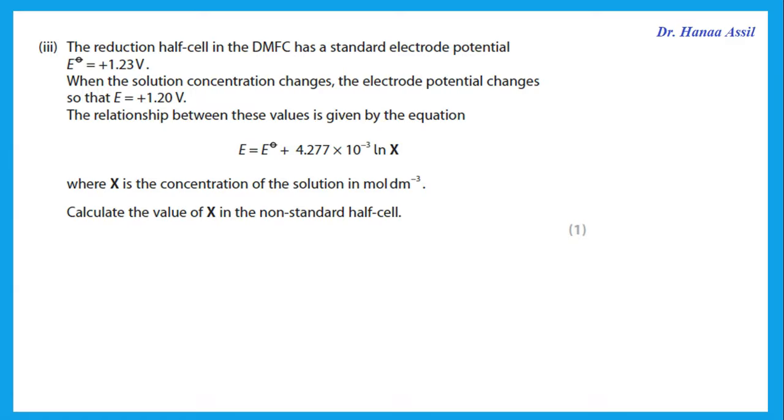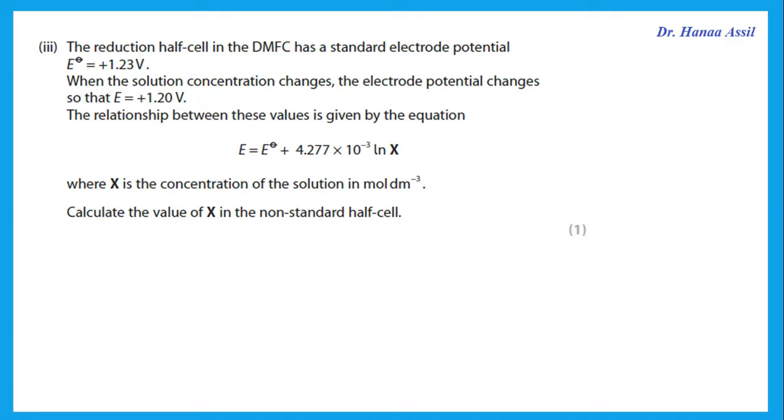That means concentration of 1 mole per decimeter cubed, temperature 298, pressure 100 kPa, and so on. Now, when the solution concentration changes, so we're no longer under standard conditions, he says the E cell now is plus 1.20. And we use this equation in order to determine the X.